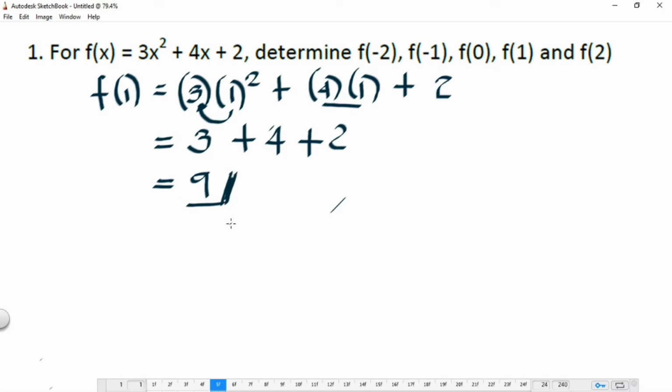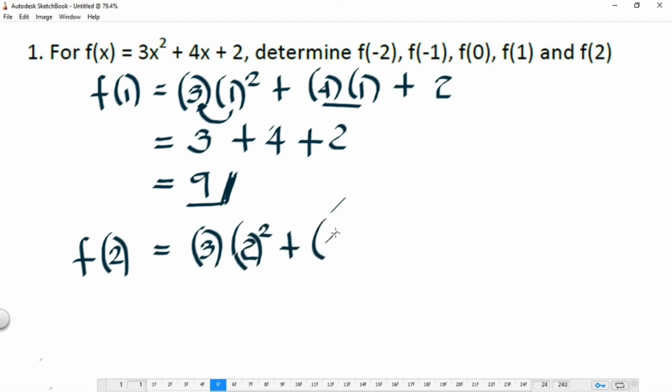And the final part, f of positive 2. It will be equal to 3 multiplied by 2 raised to 2 plus 4 times 2 plus 2. Look at this.